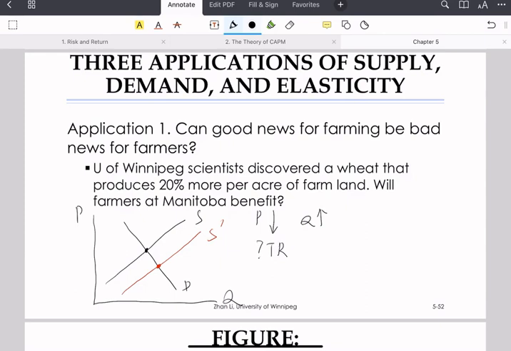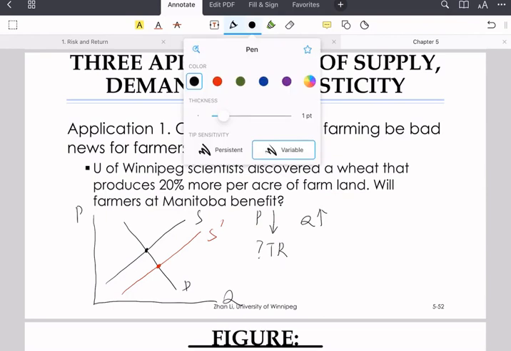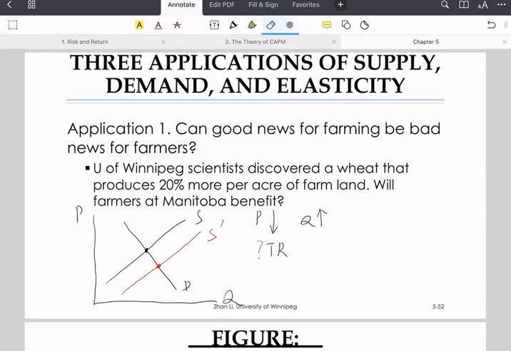This implies as you decrease price, total revenue will also decrease. So basically, the answer here is total revenue will decrease because the demand curve is likely to be inelastic.